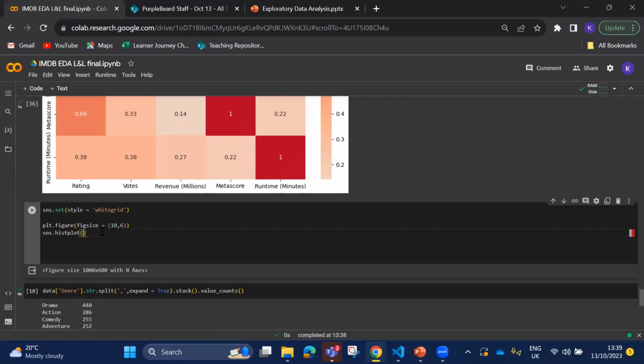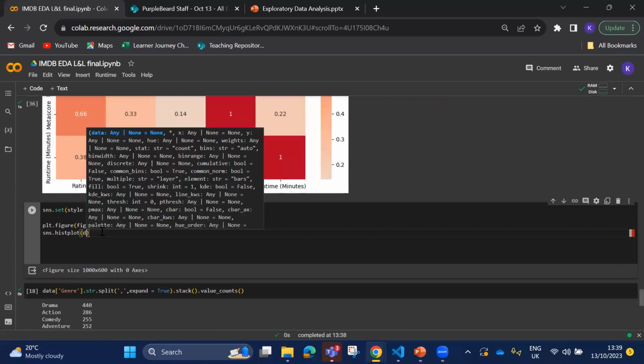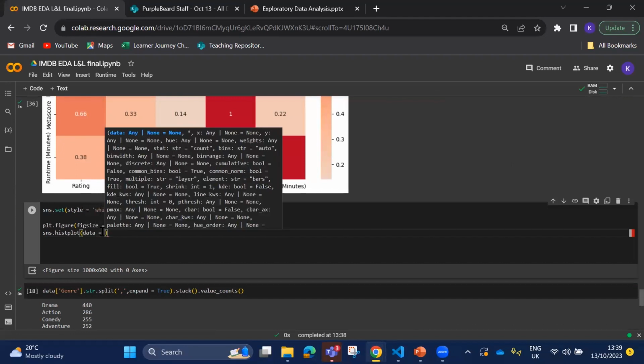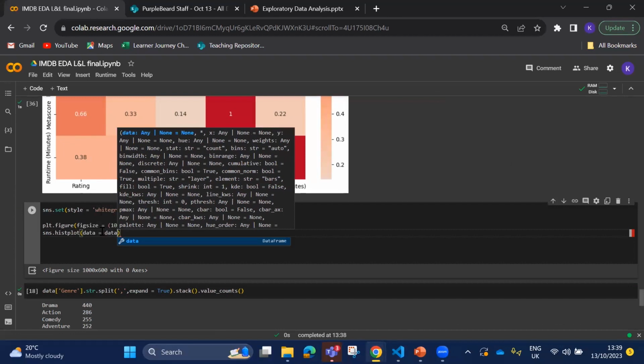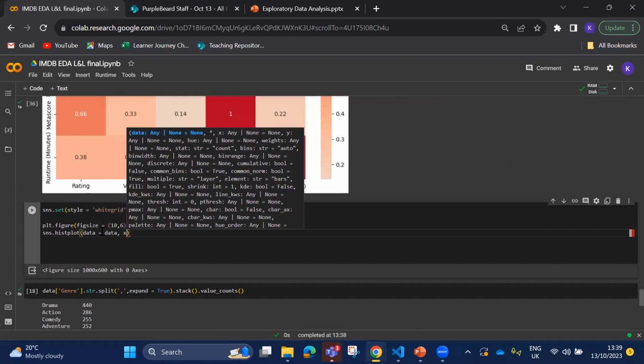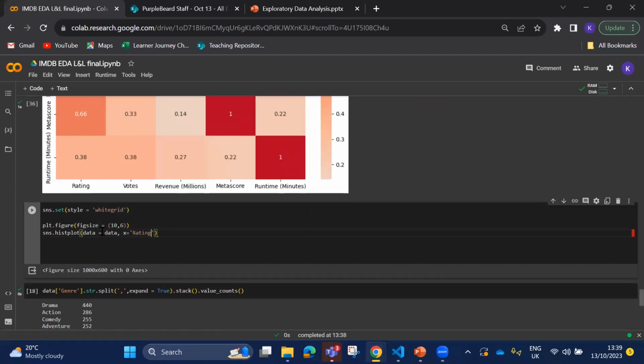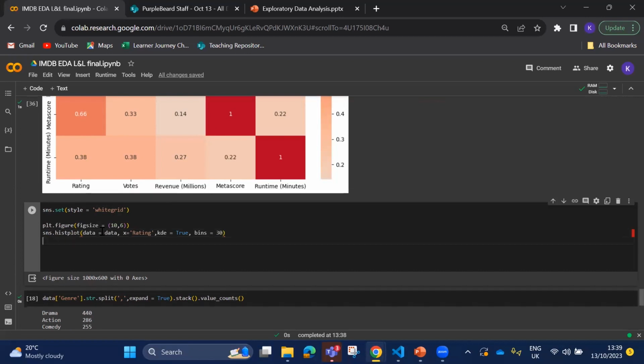Again, we should not forget, the point is not to learn how to code here, but to see how data analysis is done and how we can leverage Python and different modules within it to explore the data at hand. Let's say these are the arguments that I figured I'll use. Bins, how many should I put? Say rating is out of 10, let's put around 30 bins.